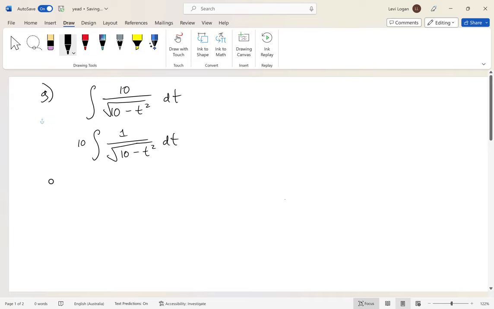This is a sine inverse, pretty much, because it's got the same form, so our a squared is 10, therefore our a is the square root of 10. Therefore, when you integrate this, you get 10 sine inverse of t over root 10 plus c. Don't forget your plus c or you won't get the mark. Alright, that was another simple integral.